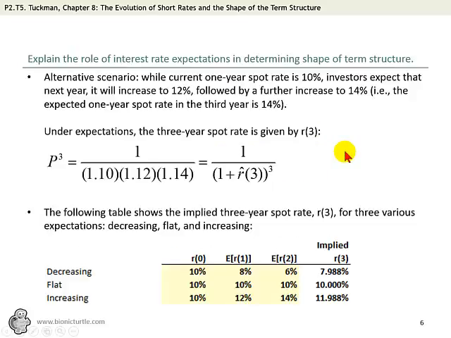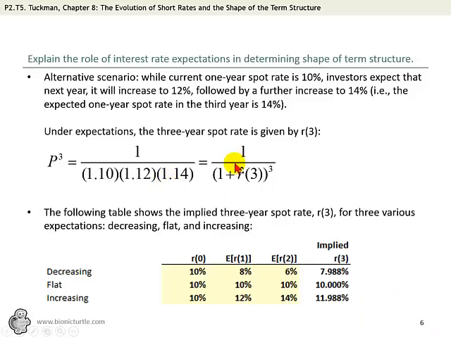This is going to be true through a no arbitrage argument. Tuckman prices under these expectations the 3-year spot rate as a function of the expected future rates. And here we end up with P, which is a discount factor.